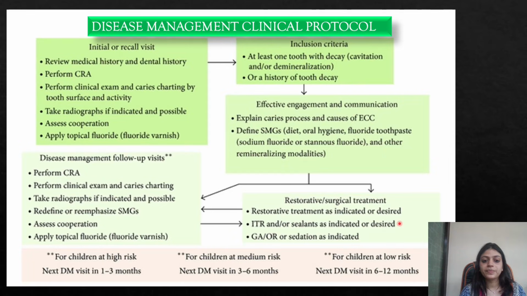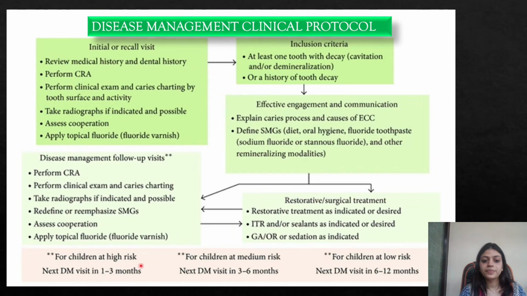Restorative treatment as indicated or desired, interim therapeutic restoration, and sealants. Then if it is rampant, GA, operating room, or sedation is indicated in children who are not cooperative or are of pre-cooperative age.